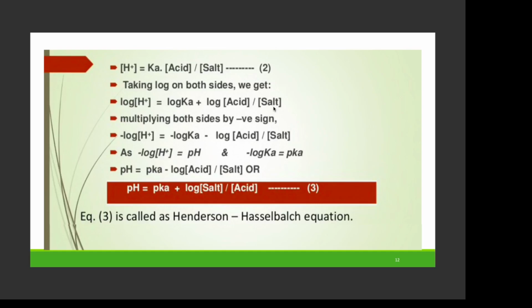And then lastly, we will replace the terms pH and pKa with their related parts, and then the whole equation comes, which is pH equals pKa plus log salt divided by acid.